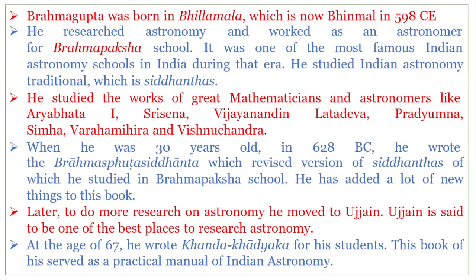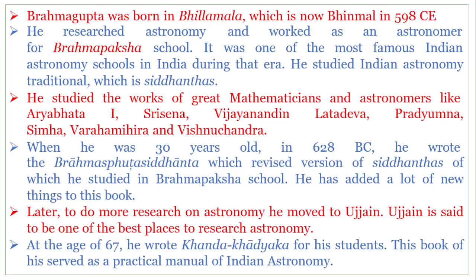As I said, the Brahmapaksha school was earlier called Pitamaha Paksha, and since he made some contributions, he added a lot of new things to this book, and he corrected some of the principles.